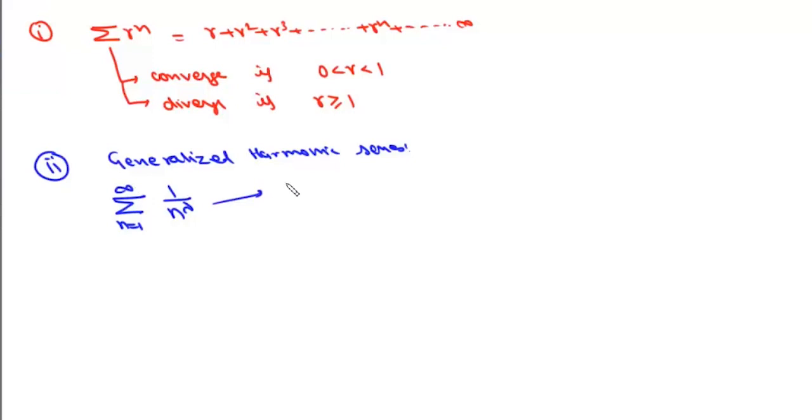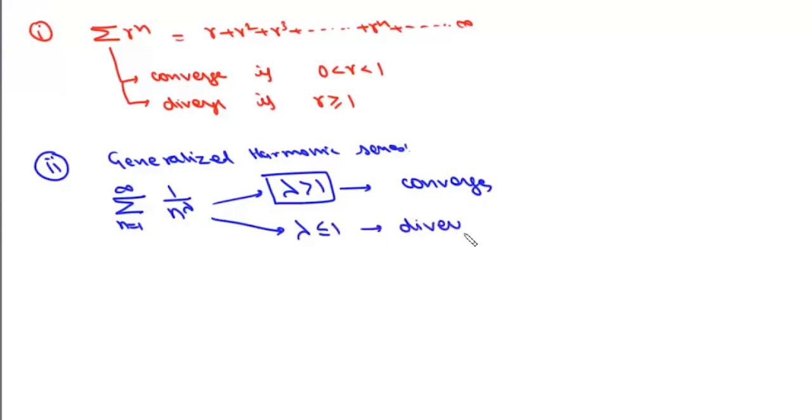Now if lambda is greater than 1, then this series converges, and if lambda is less than or equal to 1, then this series diverges. If we take lambda as 1, then this series becomes the harmonic series.